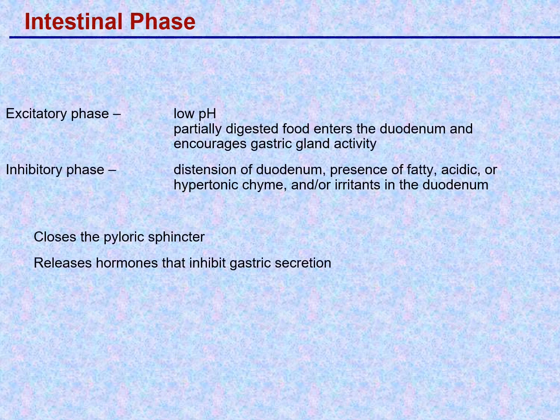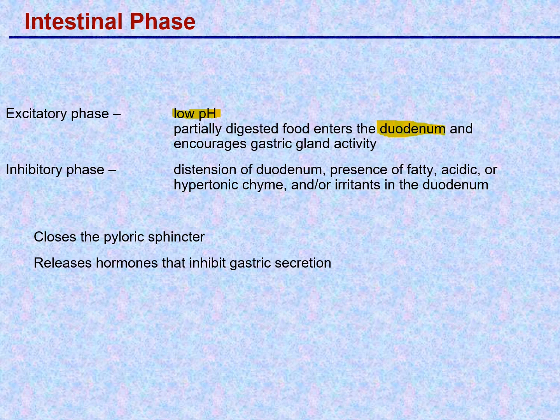The intestinal phase gets activated if there is partially digested food entering into the duodenum. So if the duodenum, the first section of the small intestine, if the pH starts to drop, that's because of the more acid chyme that's entering into it.